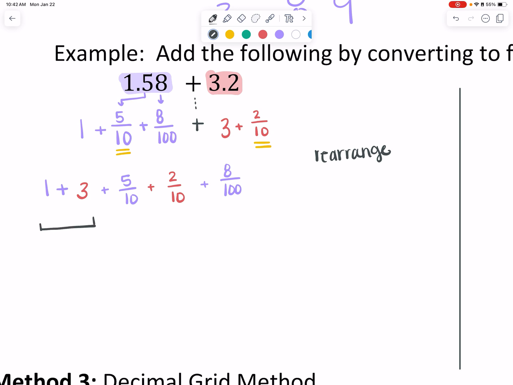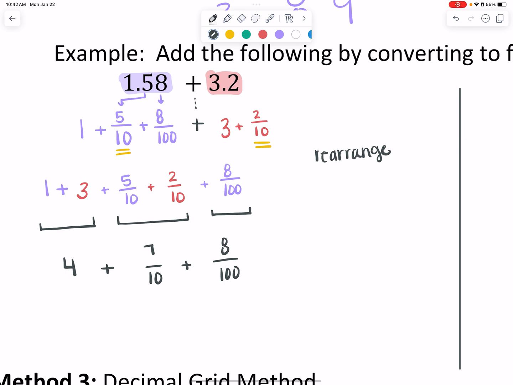Now that I've rearranged it, I can add similar fractions, or whole numbers in the case here. 1 plus 3 is going to give me 4. When I'm adding fractions, keep the denominator 10, add up the numerators. 5 plus 2 is going to give me 7. And then this thing's just going to drop down because it doesn't have anything to combine with.